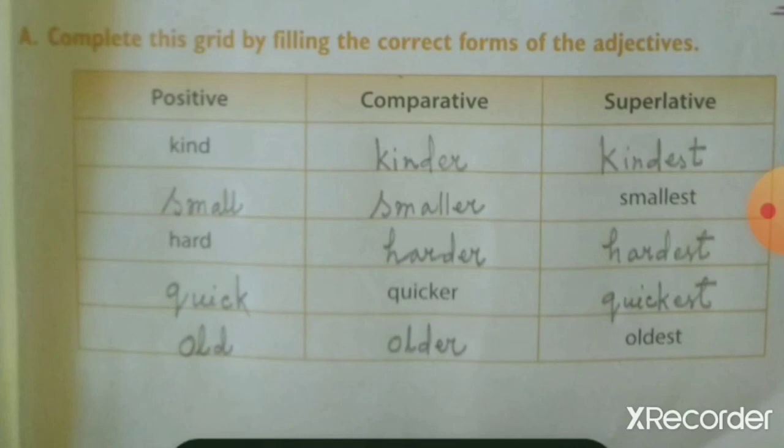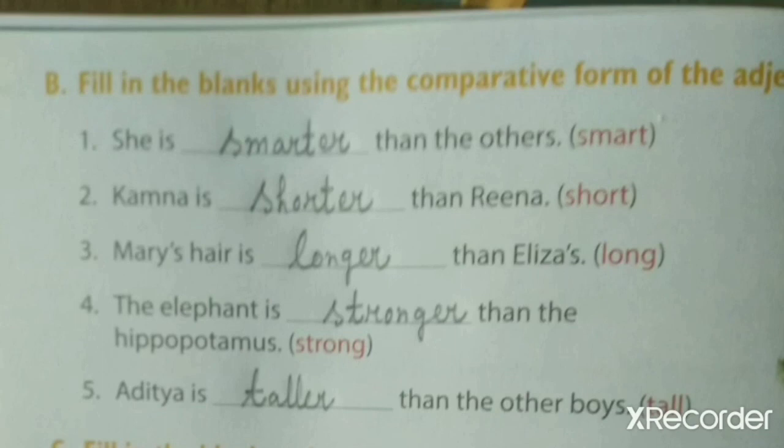Hard, harder, hardest. Quick, quicker, quickest. Old, older, oldest. In this way, in the comparative degree we add er, and in the superlative degree we add est.